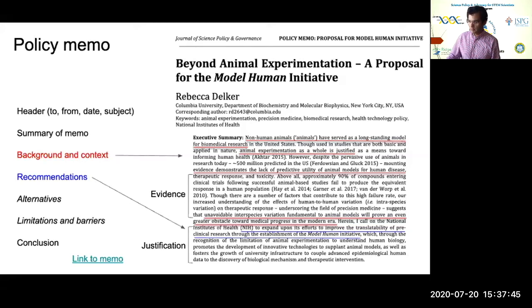Then I'll move over to the limitations. We don't have time to read everything, but those look really good. Some of the limitations and barriers of the policy in the memo: creating a model human could pose a lot of ethical risk, as we see for AI initiatives.